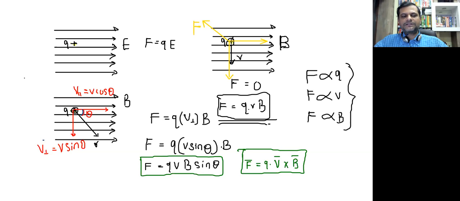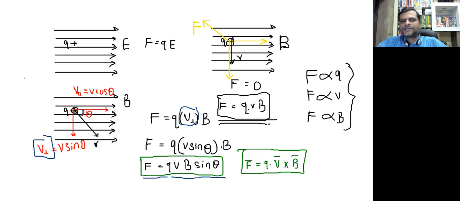The perpendicular component plays a very important role in finding the force. The force depends on v perpendicular, which we replace by v sin theta, multiplied by B. So we get F is equal to qvB sin theta as the final expression for the force acting on a charged particle moving in a magnetic field.